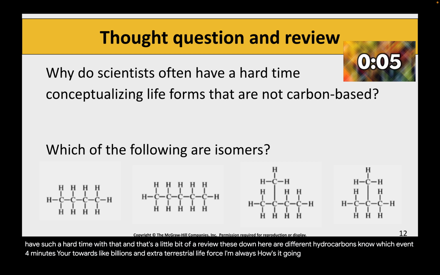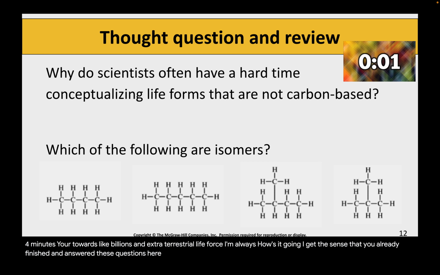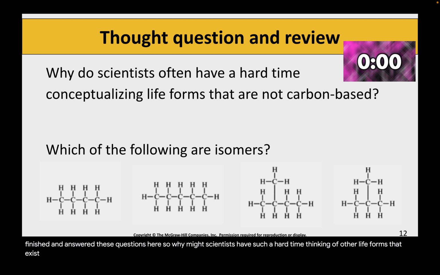All right, I get the sense that you've already finished and answered these questions here. So, why might scientists have such a hard time thinking other life forms could exist in the cosmos that are not carbon based? What are some more reasons?